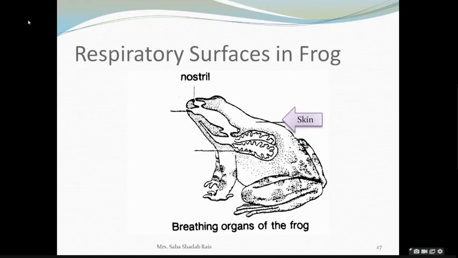Now the second and the main respiratory organ is the lungs. But you need to remember that the lungs in the lower organisms, that means the amphibians, will not be very developed. When we talk about the phylogeny of vertebrate lungs, it shows a progressive increase in the surface area of respiratory epithelium, specialized in the ventilation mechanism and efficient circulation.